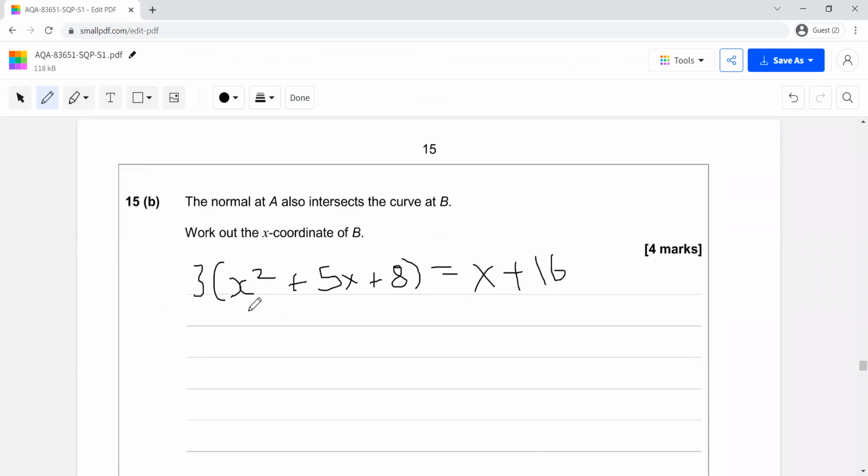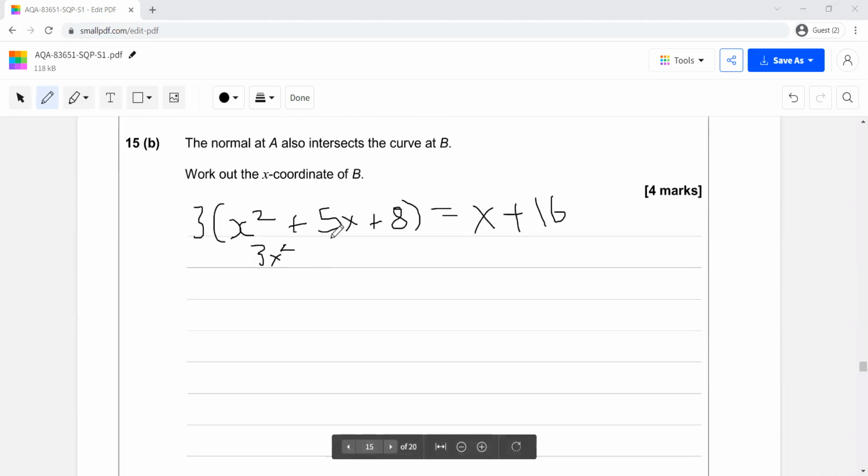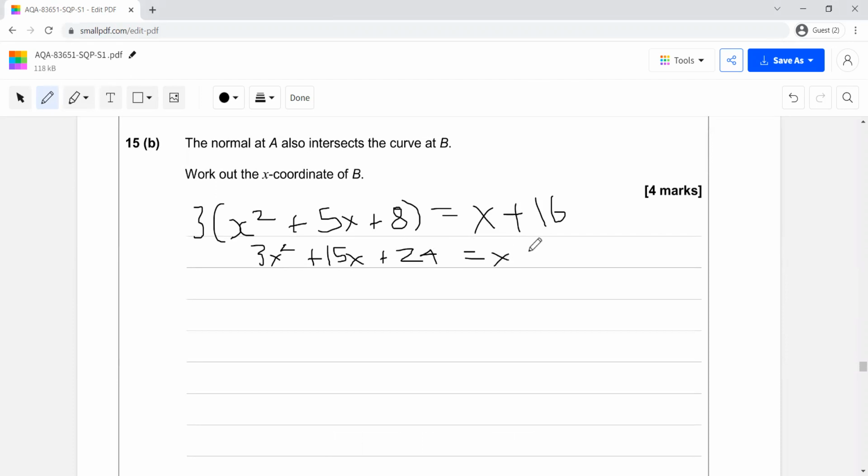Okay, so you can do this. So 3x squared plus 15x plus 24 is equal to x plus 16. So now we can bring everything to one side. So now we'll have 3x squared plus 14x plus 8 is equal to 0.